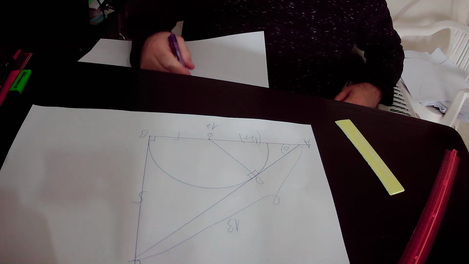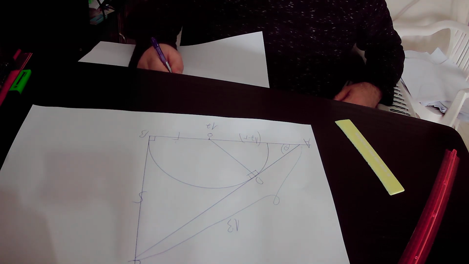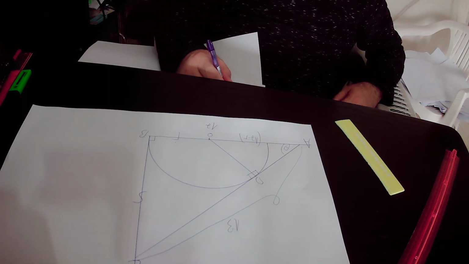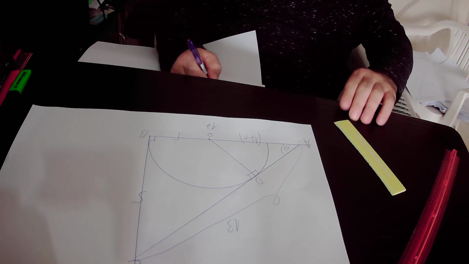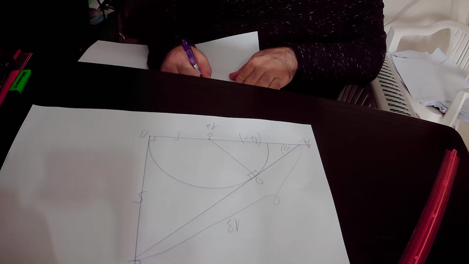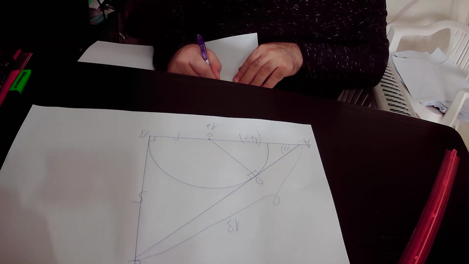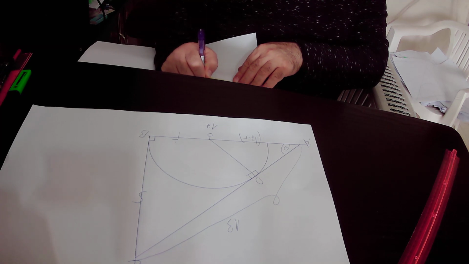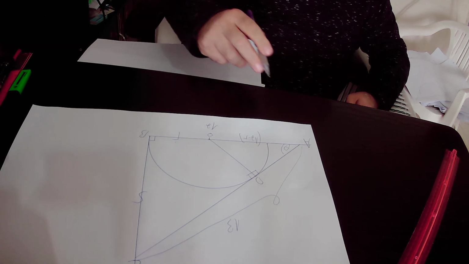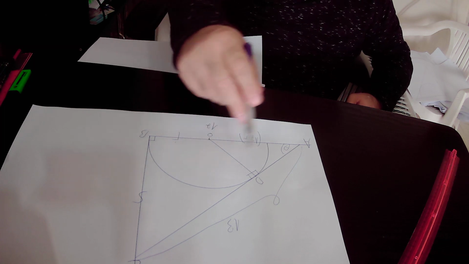In the right triangle ABC, sine theta equals CB over CA.